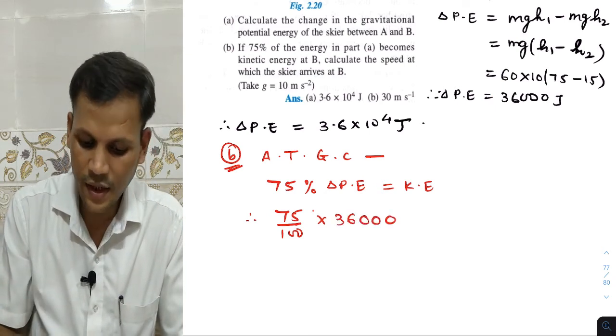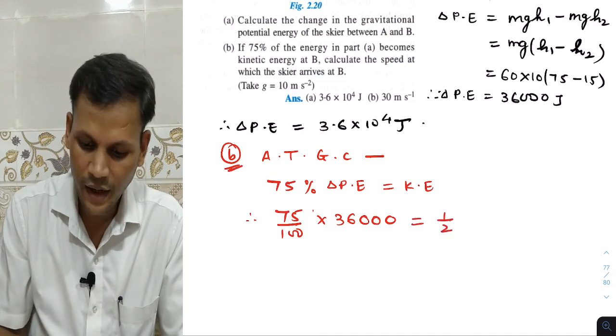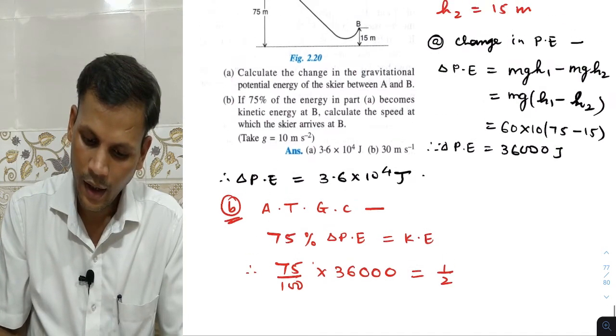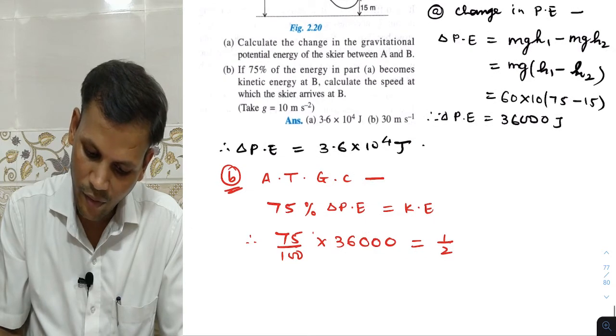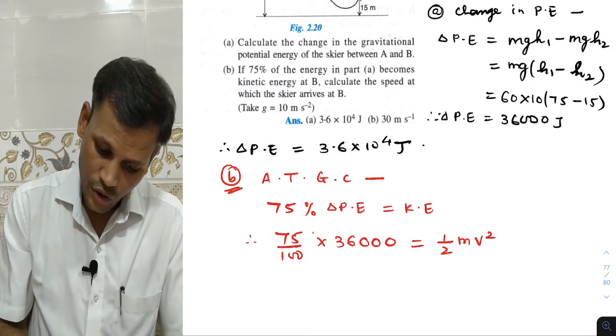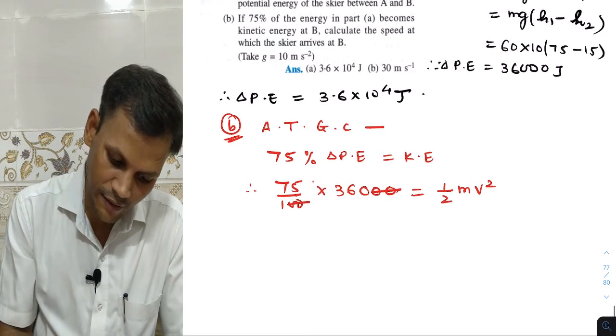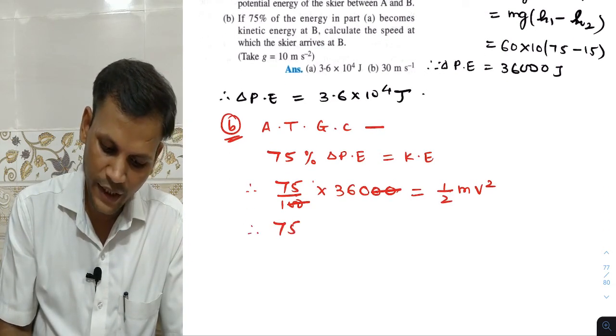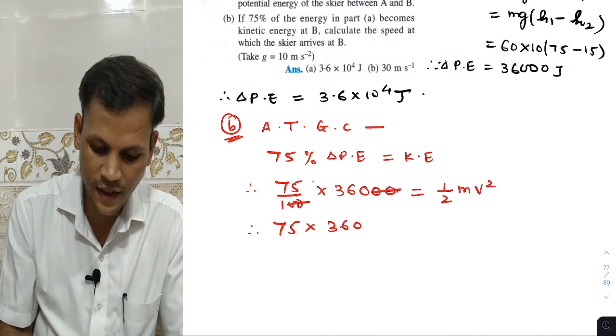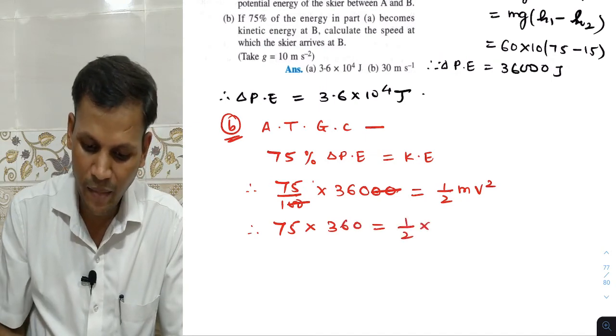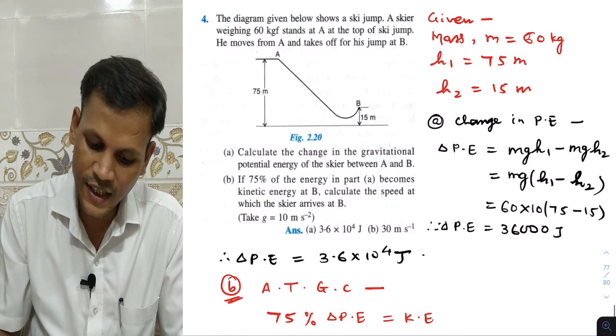36000 is equal to kinetic energy, which is half mv square. These two zeros will get cancelled. You will get 75 into 360 is equal to half, and the mass is given, 60 kg.